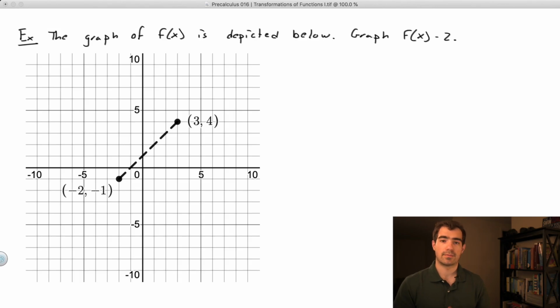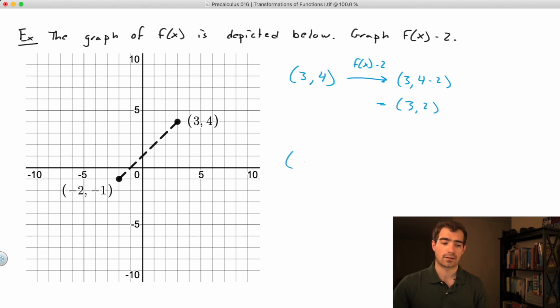If we subtract some value from the function, it's going to shift everything down by whatever that value is. For example, if we imagine that the graph shown here depicts the function f of x, we can graph f of x minus 2 by taking all of the points of this line and shifting them down by 2, in other words, subtracting 2 from their y values. So we can look at a point like (3, 4), subtract our y value by 2, and in this case get (3, 4 minus 2), or (3, 2).